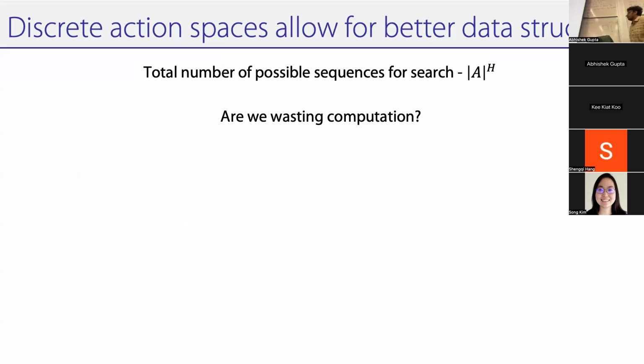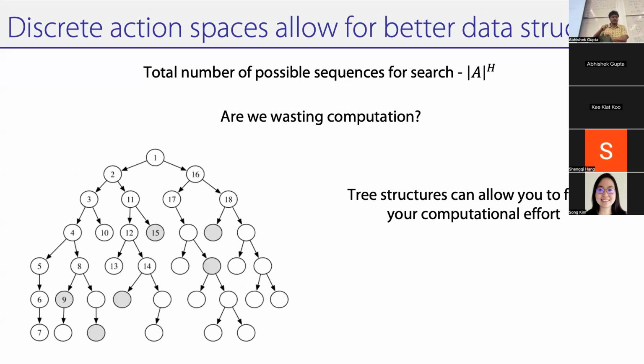Your search tree blows up, you can't represent your whole search tree in memory. And so the idea of Monte Carlo tree search is, let's focus computation on the areas that are more promising and not have to build a complete tree. And so you're going to use a combination of tree search and function approximation to deal with really, really large trees, right? So for instance, chess or Go is an extremely large tree. You can't represent the whole tree. So you're going to use some combination of function approximation to represent things past your search horizon and tree search to do efficient search in that discrete space, right?